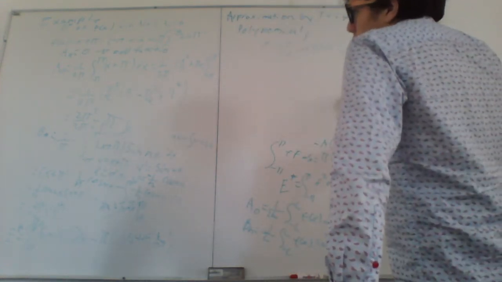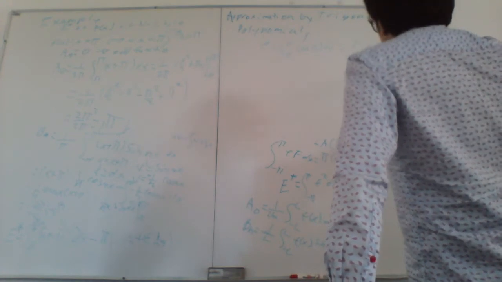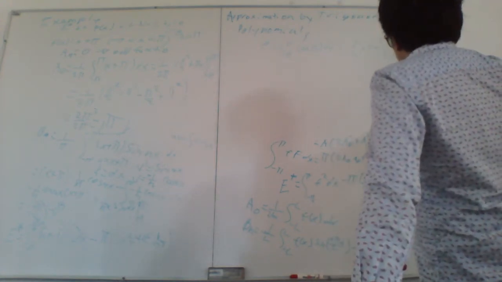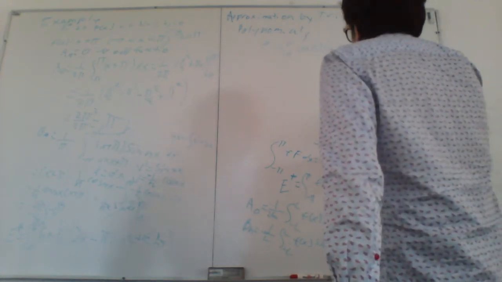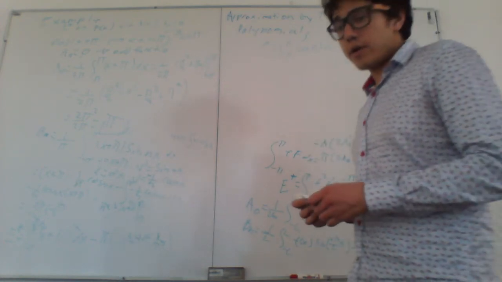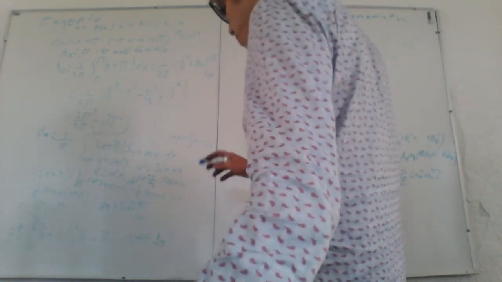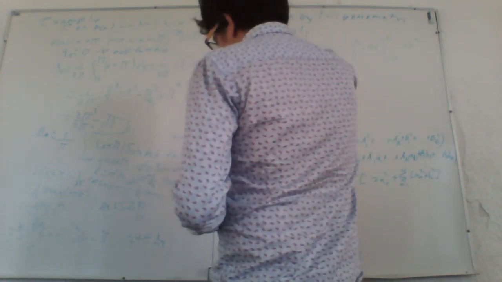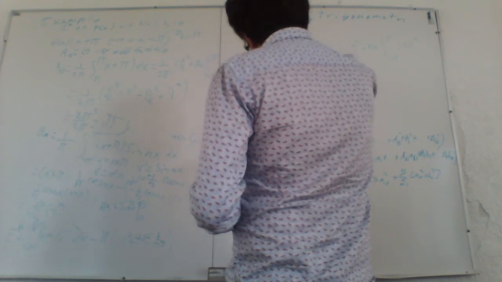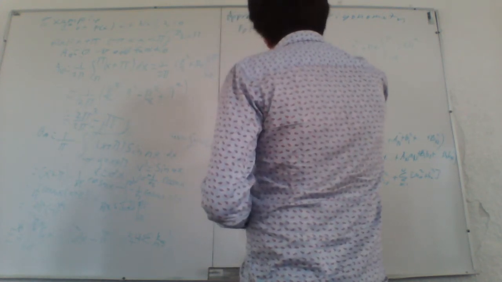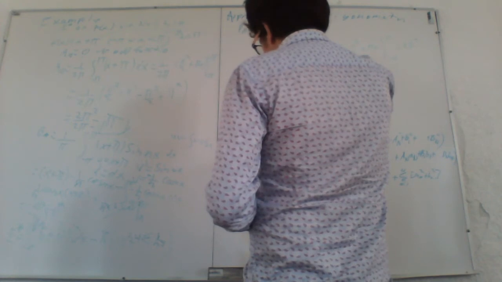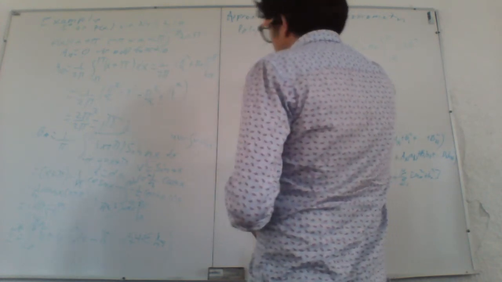So it's 2 pi squared. Okay. So we are going to solve 2 pi squared minus, this is a constant, but this one is minus pi times 2 pi squared plus 4 times the sum of 1 over n squared.